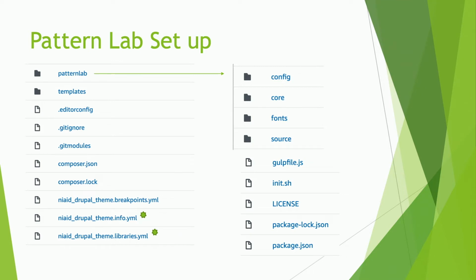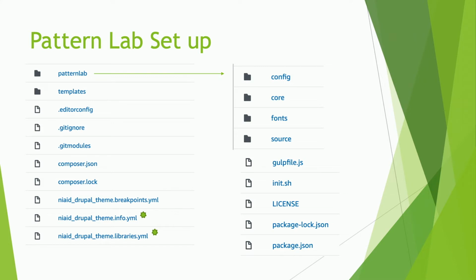You may have noticed in the leftmost graphic, we've put asterisks next to two YAML files. We have a theme.info and theme.libraries.yaml file. When I say theme, that's just the name of your theme. Obviously ours is naiad_Drupal_theme, but you would have to replace that with yours.